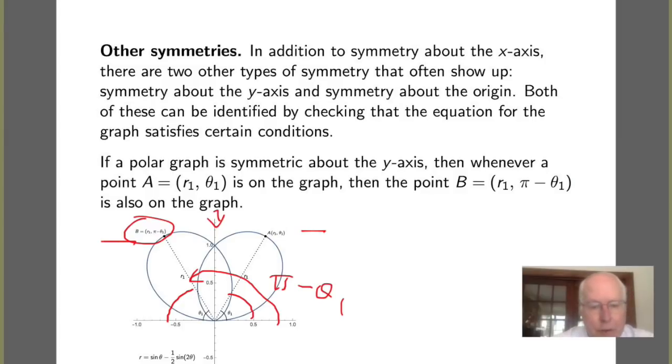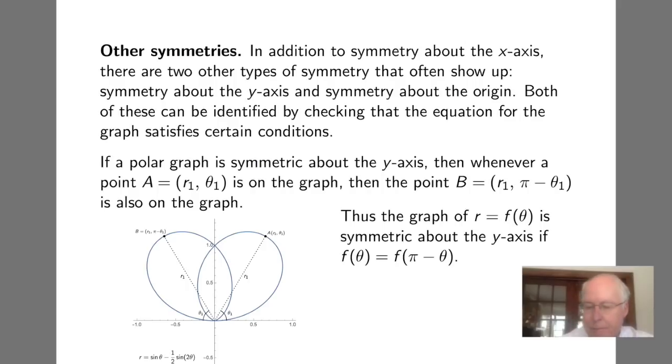So this tells us putting in theta 1 and pi minus theta 1 should give us the same r values if we have symmetry about the y-axis. So this means if we have the graph r equals f of theta, and this is symmetric about the y-axis, then we can check that f of theta equals f of pi minus theta.